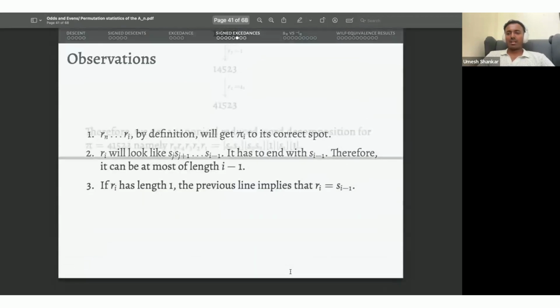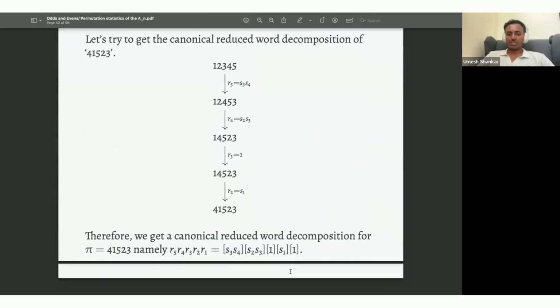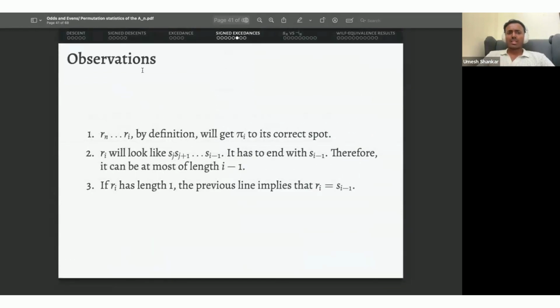And we will give an involution on canonical reduced words. Some observations that we can make: if you look at the product R_(n-1) up till R_i, we saw that when we multiply the identity by R_n, it gets the last letter matching our permutation.